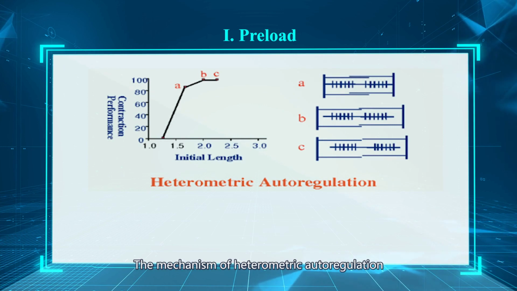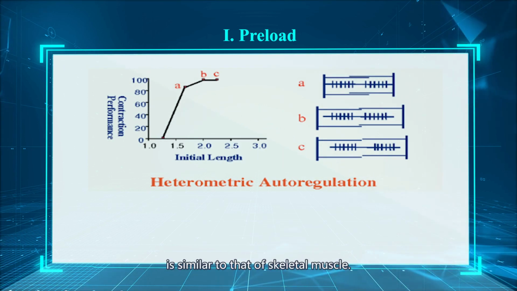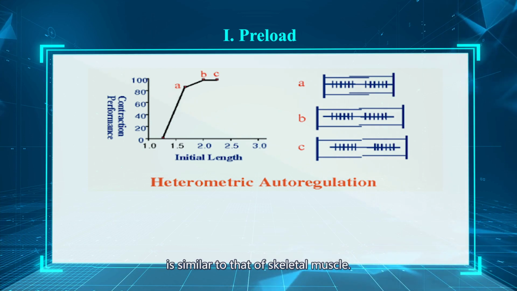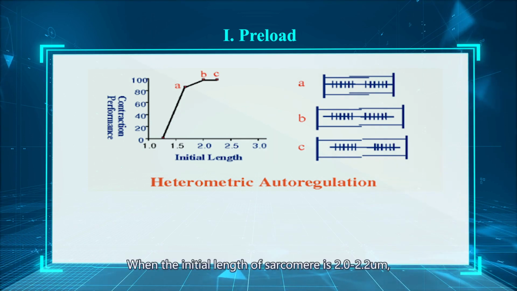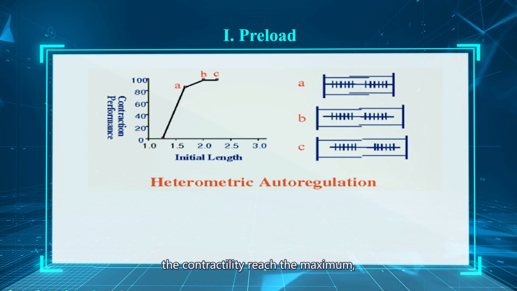The mechanism of heterometric autoregulation is similar to that of skeletal muscles. When the initial length of sarcomere is 2 to 2.2 micron, the contractility reaches the maximum.